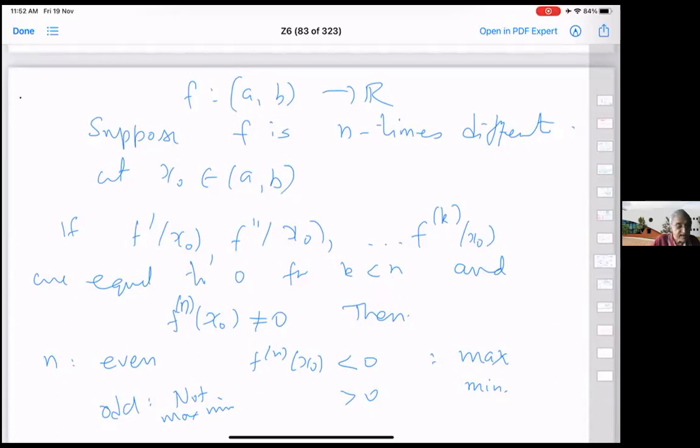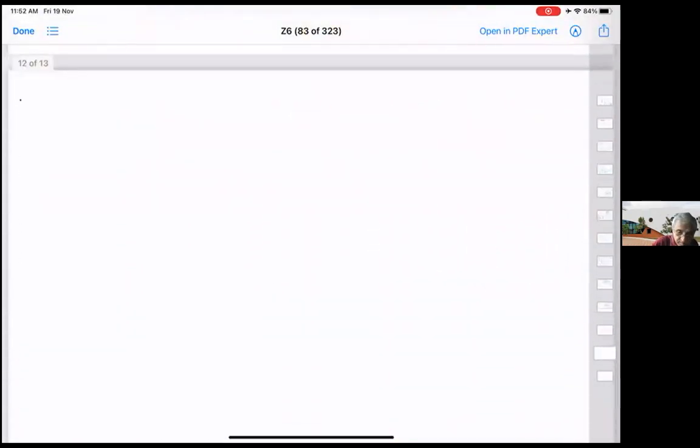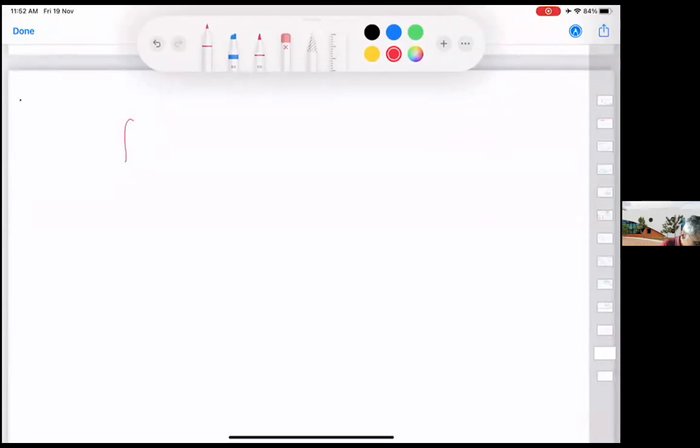So let's say you look at, let me think. If I take f(x) equal to |x|^1.5, then at x equal to 0, it is a minimum.